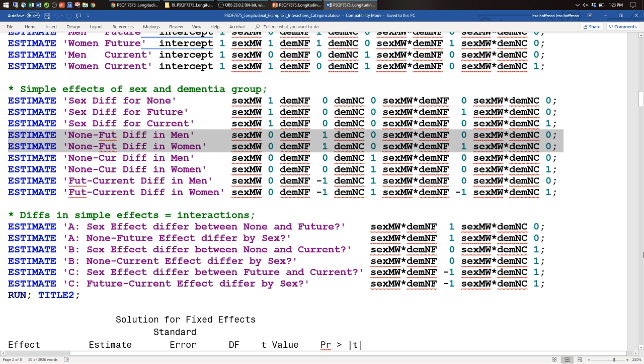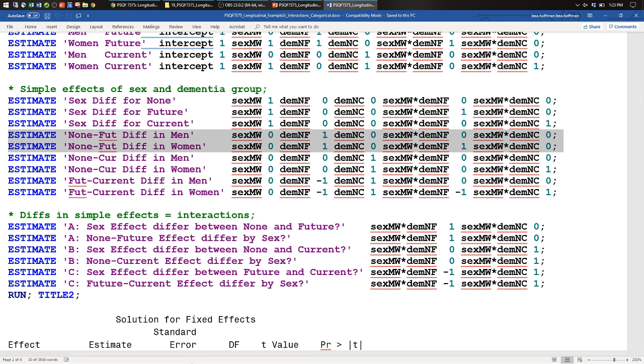So I can talk about this interaction term of sex by dementia NF either way. It is either how the sex effect differs between dementia groups or how the dementia effect differs between genders. It's both. That's my interaction.